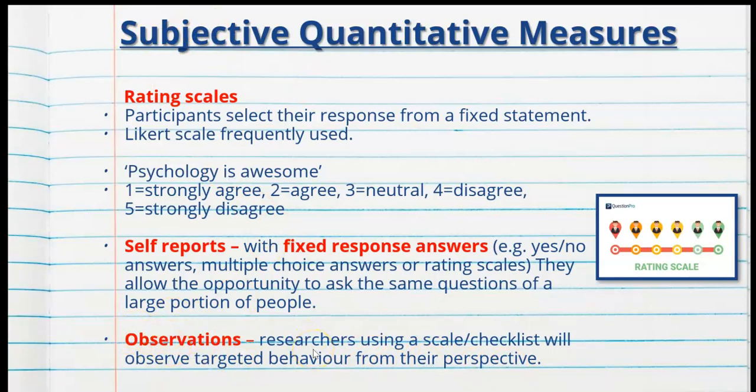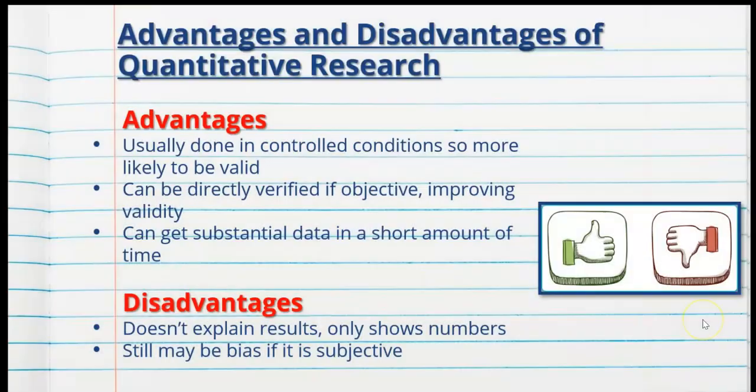So it might be, you know, if they're rating a particular behavior of anger from 1 to 5, they may give it a 3, but then another expert may give it a 1. So yes, we're still getting quantitative, and yes, we're observing behavior, but the actual interpretation of the targeted behavior may change depending on the individual, subject to their own interpretation of it.